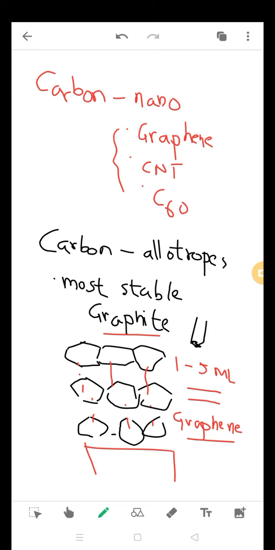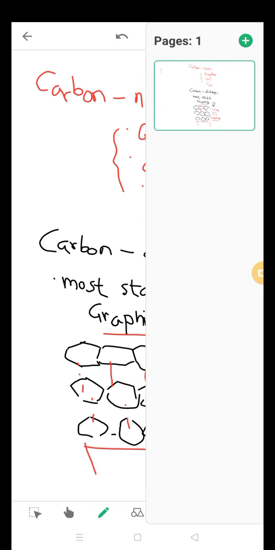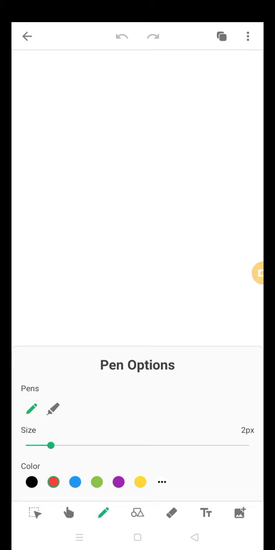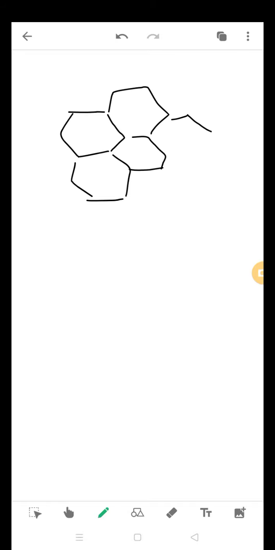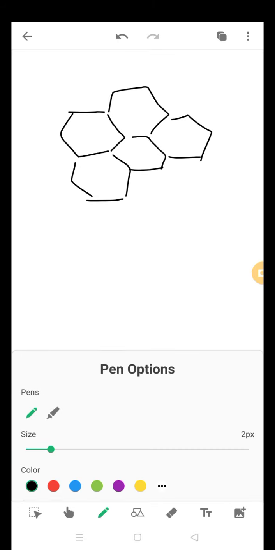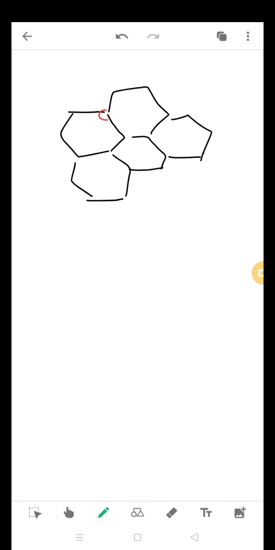If you take one of the atomic layers of carbon, it has got a shape like this. So we have hexagons, another hexagon, so there are 6 carbon atoms, 1, 2, 3, 4, 5, 6.